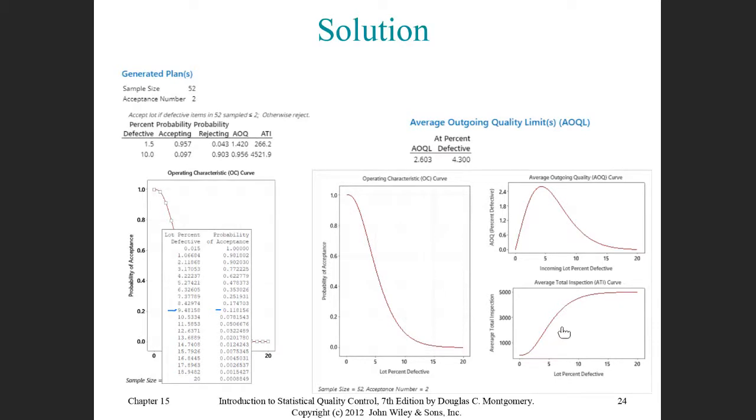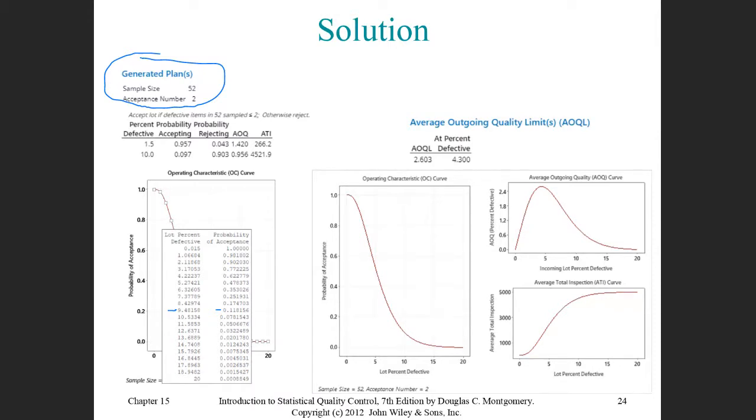It is not commonly used. The most common are the operating characteristic curve and then the average outgoing quality, as well as the sample size number that was explained in previous sessions, which is done by solving a nonlinear equation, and Minitab does that for you.